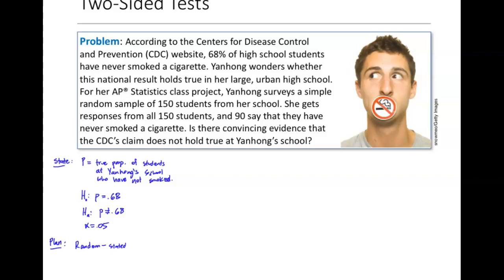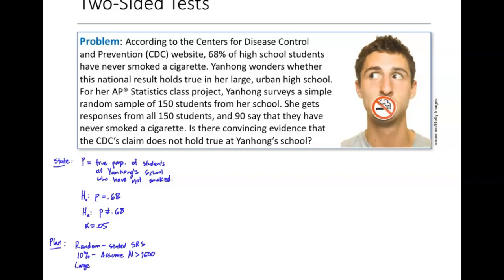And it's stated as an SRS. 10% condition: if I multiply her sample size by 10, I get 1,500, and we'll just say assume capital N is greater than 1,500. Safe to assume a large urban school would have more than 1,500 students.